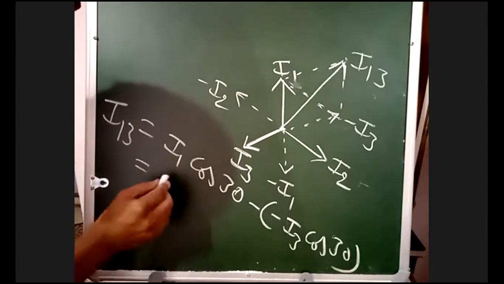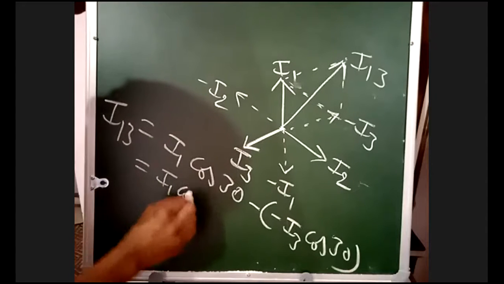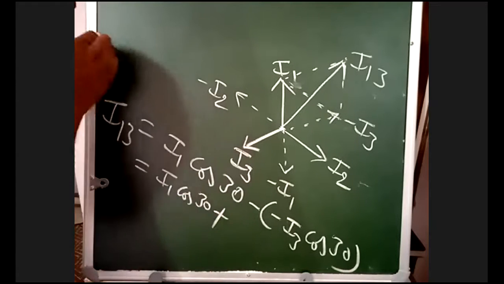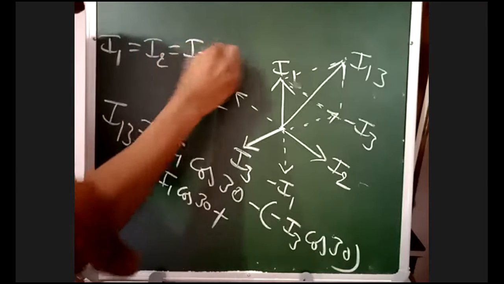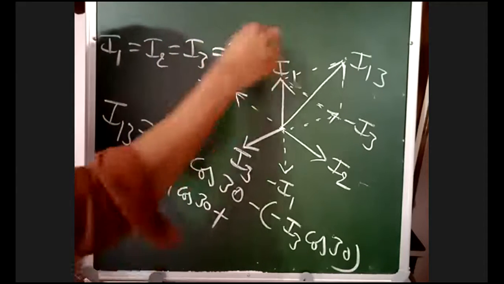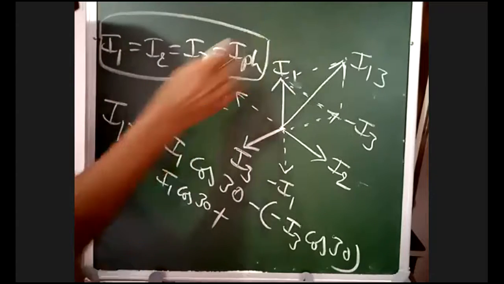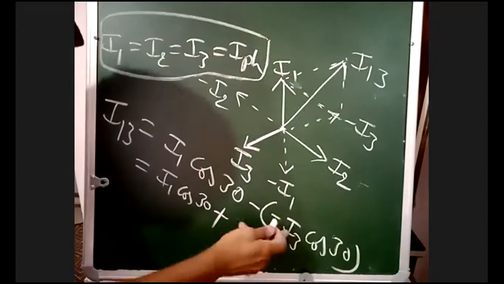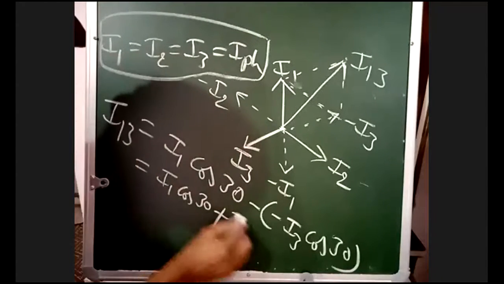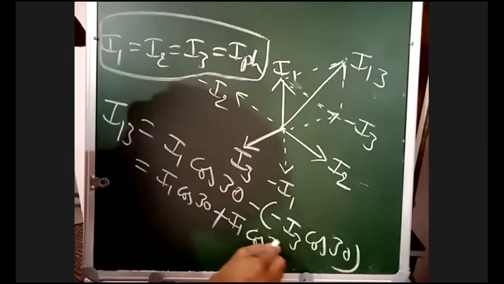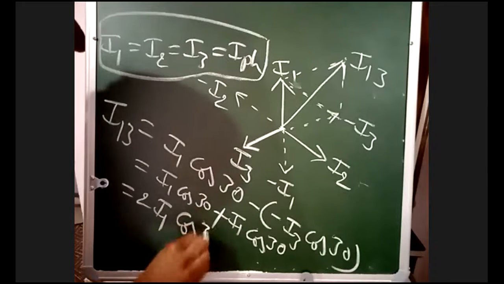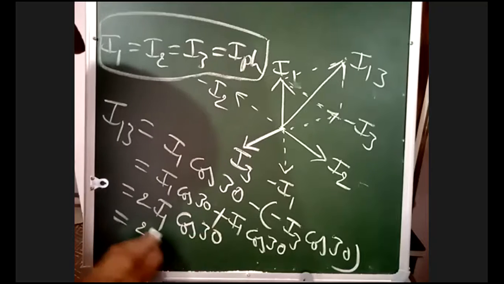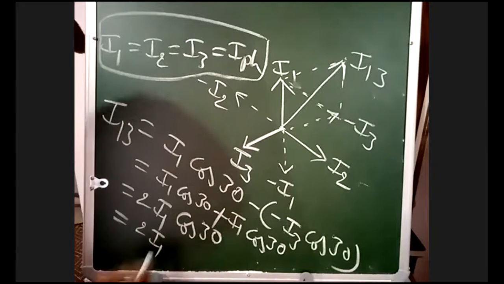That is I1 cos 30 plus, here I1 is equal to I2 is equal to I3 is equal to I phase. I am taking the magnitude of phase currents equal. In place of I3, take I1. That is I1 cos 30, so 2 into I1 cos 30, where cos 30 is root 3 by 2.